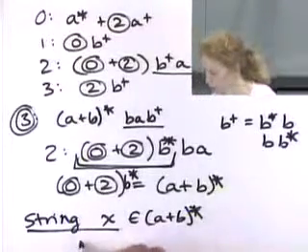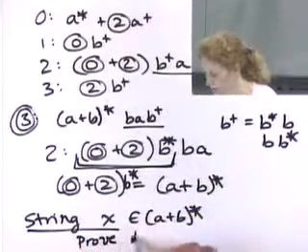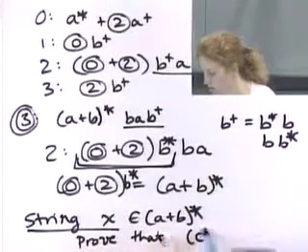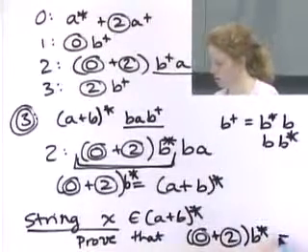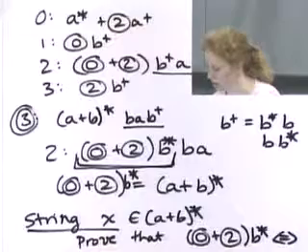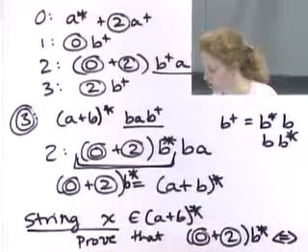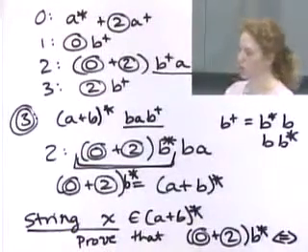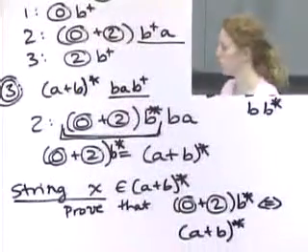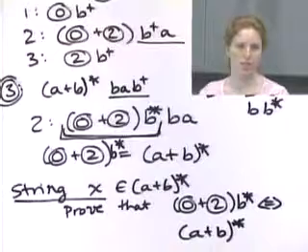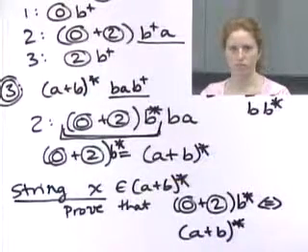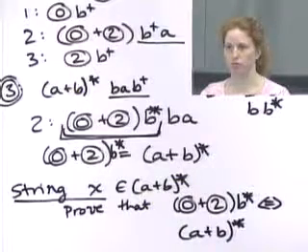So we want to prove that 0 plus 2 B star is logically equivalent to A plus B star, with parentheses around the A plus B. So we're going to do it by induction.